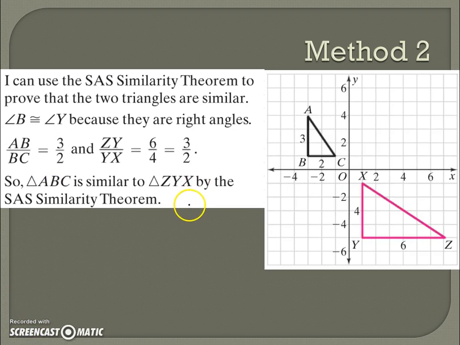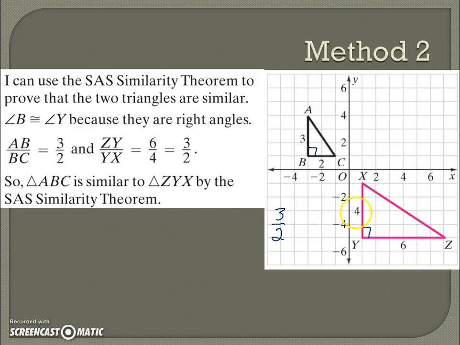Okay, so I could use the side angle side similarity theorem to prove that they are similar. So I know that angle B and angle Y are congruent because they are right angles. And then I know that AB is 3 and BC is 2 just by counting. And I know that YX is 4 and YZ is 6 just by counting. So if I put this side over this side, I get 3 over 2.